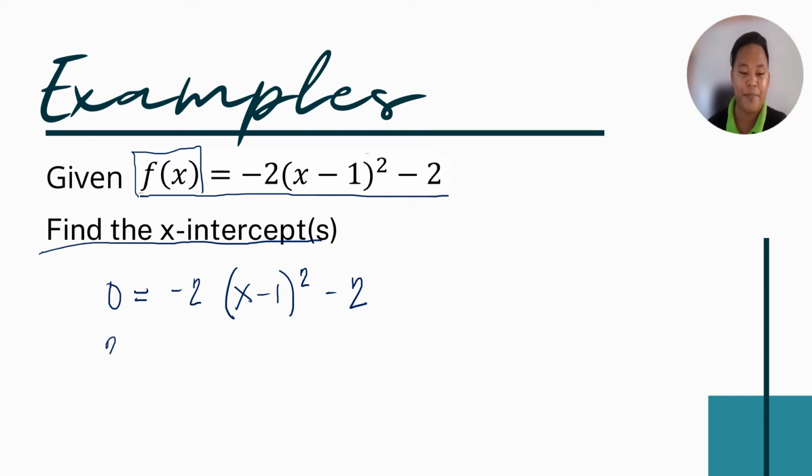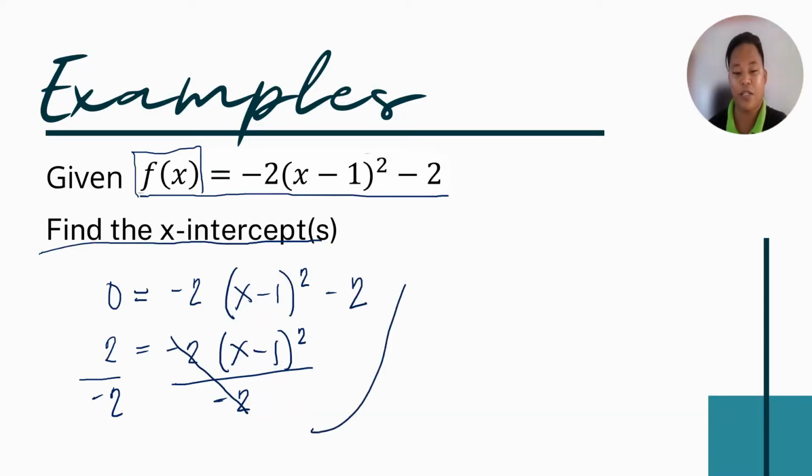We have positive 2 is equal to negative 2 times the quantity x minus 1 squared. Then, dividing both sides by negative 2. So, negative 2 divided by negative 2 is equal to 1. And then 2 divided by negative 2 is equal to negative 1. Equals the quantity x minus 1 squared.